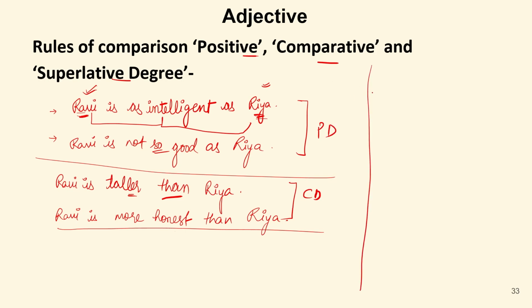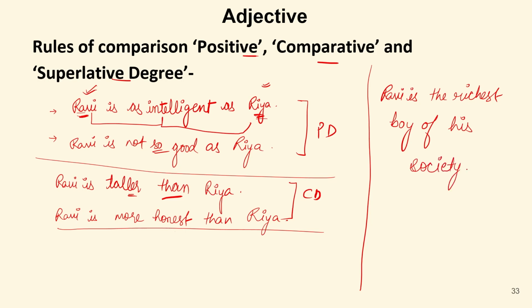Now, in case of superlative degree, one is compared to all. For example, if I say Ravi is the richest boy of his society, like society in which he is living, he is the richest boy of all.